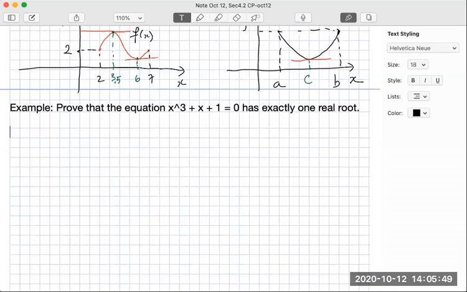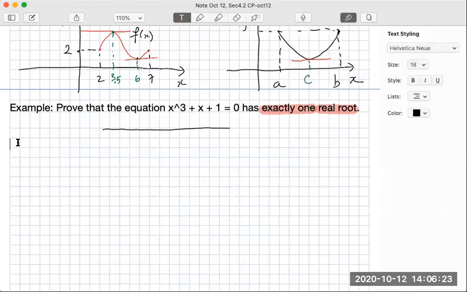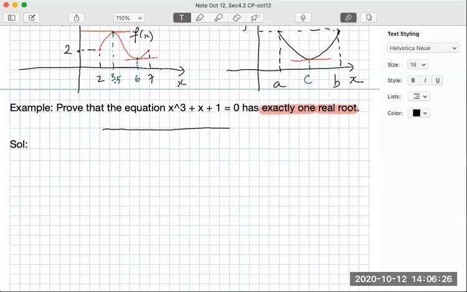Interesting. So, what do we need to prove here? There are two things we need to prove, right? First, it has a solution, a root. And second, the root is unique, right? We need to prove.